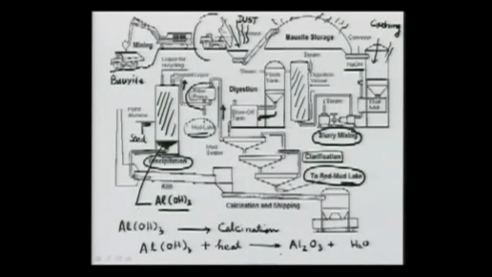Okay, let's balance it. So this should be 2 here, and Al2 is fine. O3 is 6. Hydrogen is 6. What if I put, let's put what we had to put. Hydrogen is how much? Hydrogen is 6. So let's put it 3.